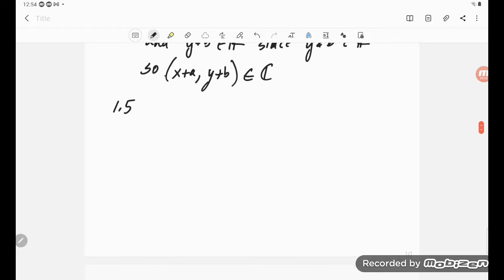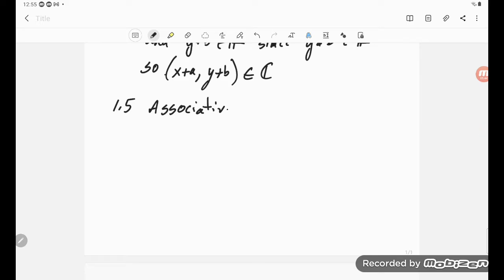Now 1.5, that property they have listed is the associative property of addition. So that's what we're looking at there.